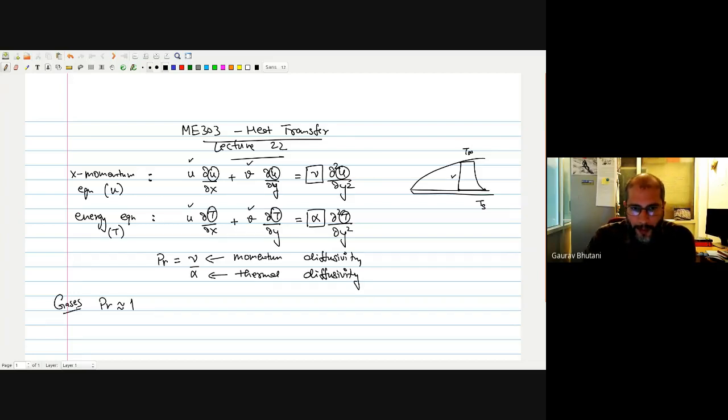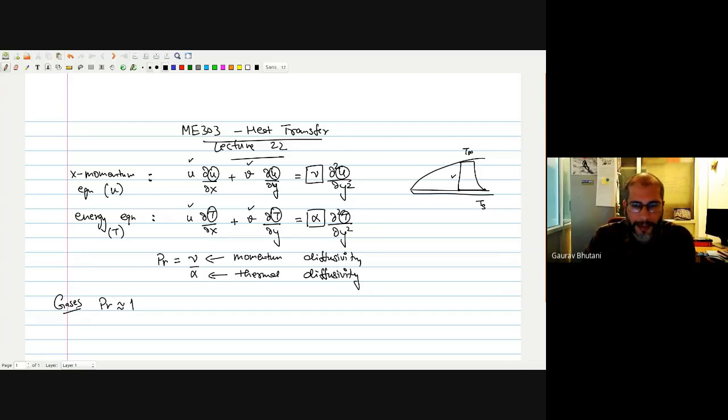When your Prandtl number is 1, what that means is the momentum diffusivity is of the same order as the thermal diffusivity. So the plate reduces the x velocity to 0 on the surface, and the penetration of the effect of the plate on the x velocity is the same as the penetration of the effect of the temperature because of the presence of the plate.